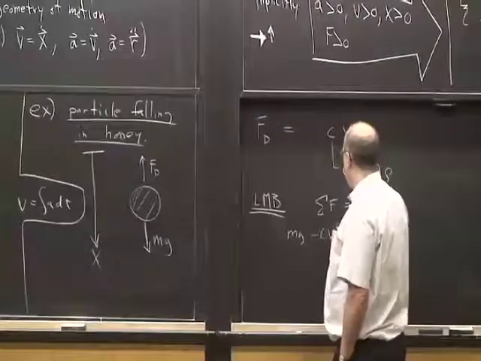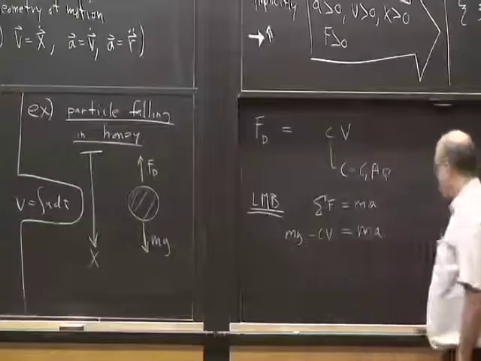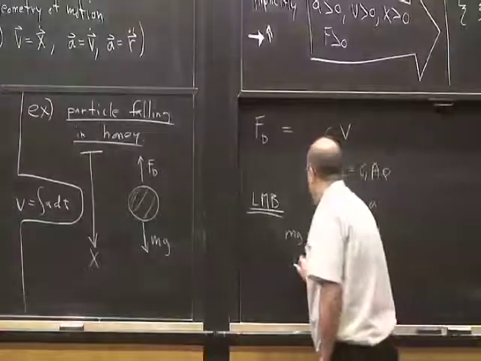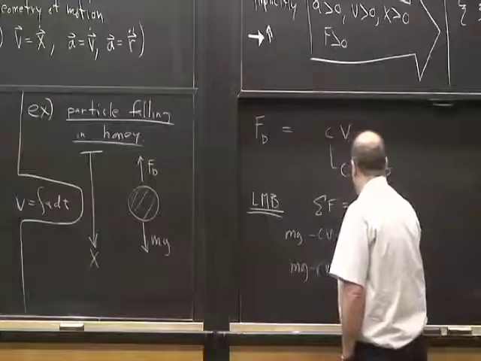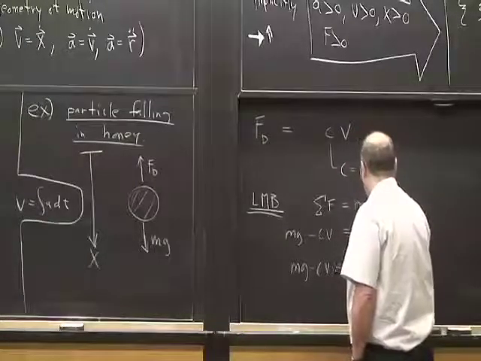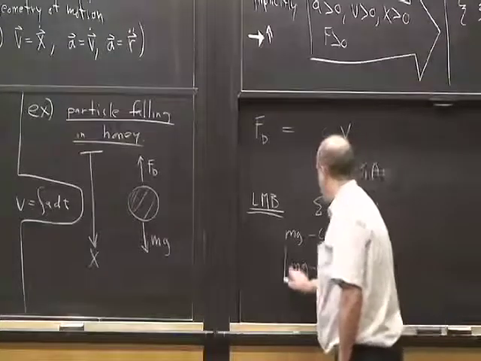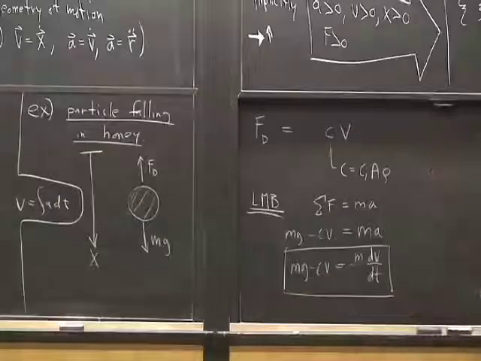So that's minus CV, and this is equal to the mass times acceleration. And then we can write this again as mg minus CV equals m times dv/dt. Okay, so that's the governing equation. Any questions about that governing equation?